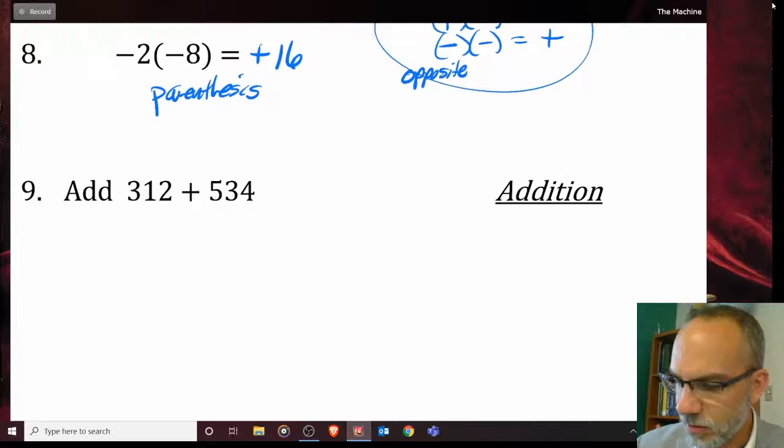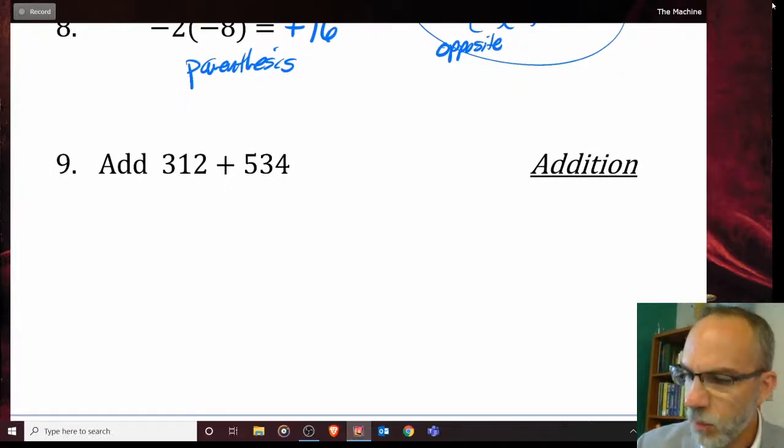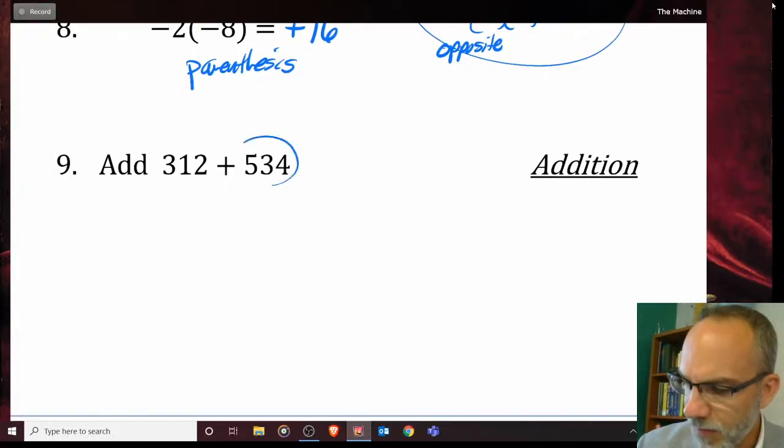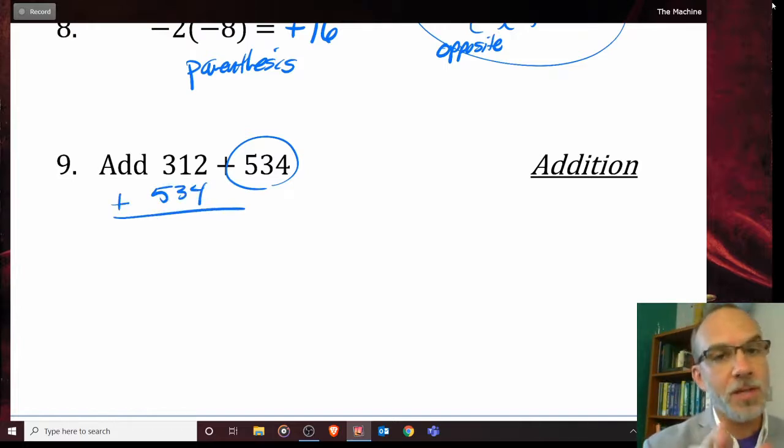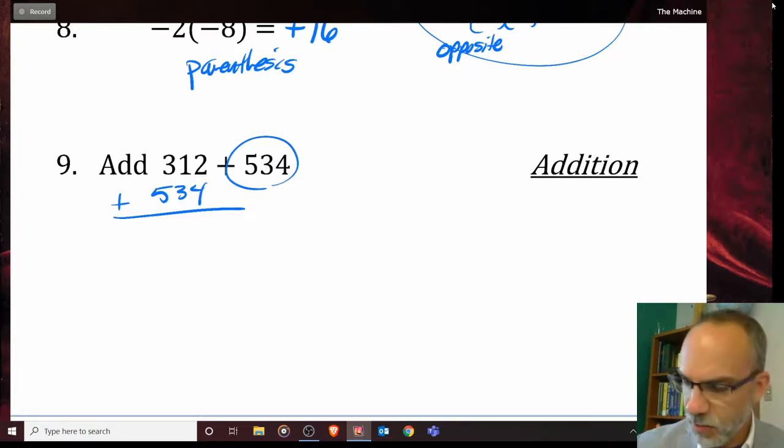Add this to that. I don't have that answer memorized. You probably know a method where you bring the 534 down here and then add up the columns. You do have some basic things memorized. You should know what 2 plus 4 is and 1 plus 3 is. So now I'm just going to add up the columns. 2 and 4, 6. 1 and 3, 4.